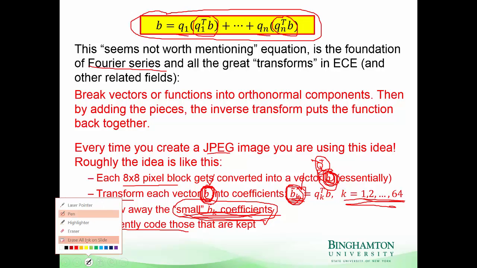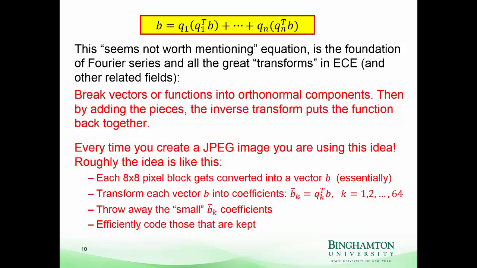By that I mean, if I were to look at this B tilde vector, all 64 elements stacked, the norm of that B tilde vector would be the same as the norm of this B vector. And after I've thrown away the small coefficients, the resulting norm will be approximately the same as the norm of this. That's all because of this orthogonal transform bit.